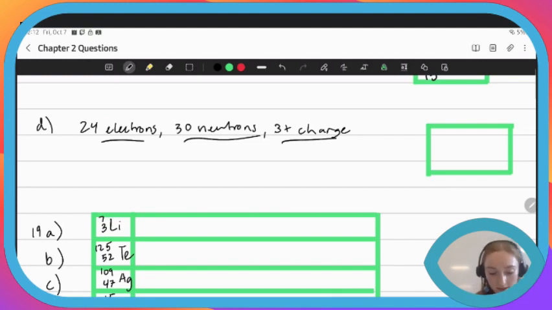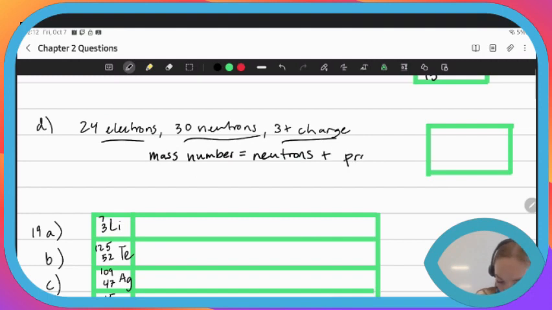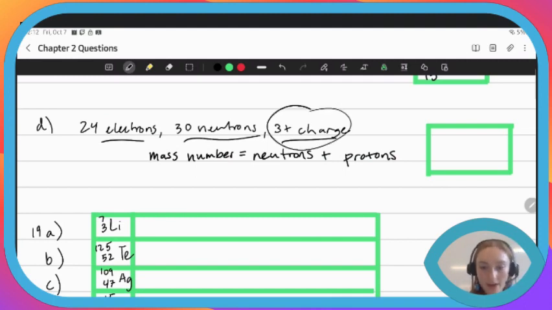And then for the mass number, again, that will be the neutrons plus the protons. And since this one has a 3 plus charge, that means that it has an abundance of more protons. So it'll have 27 protons because it's a 3 plus charge.